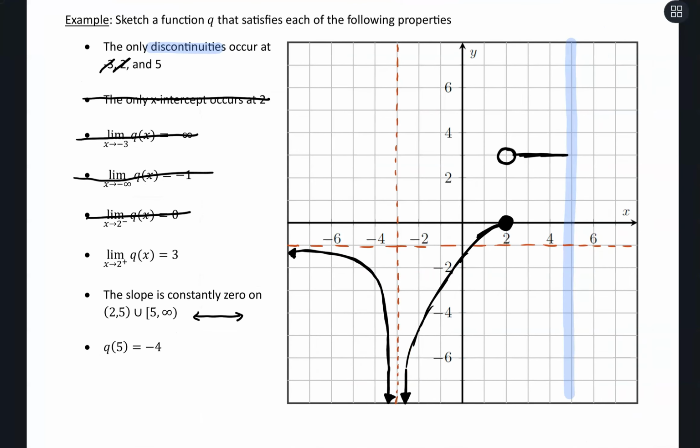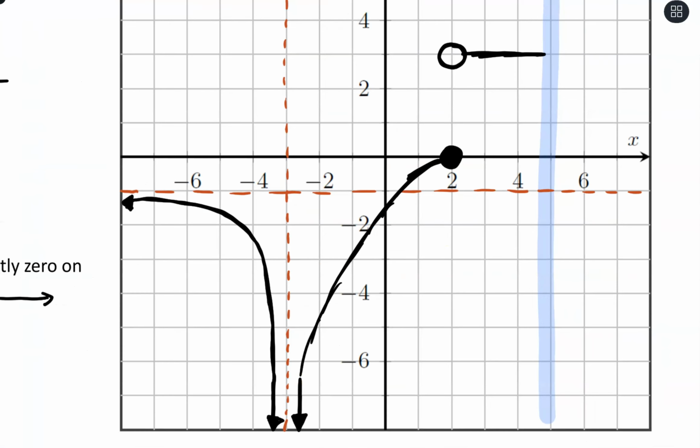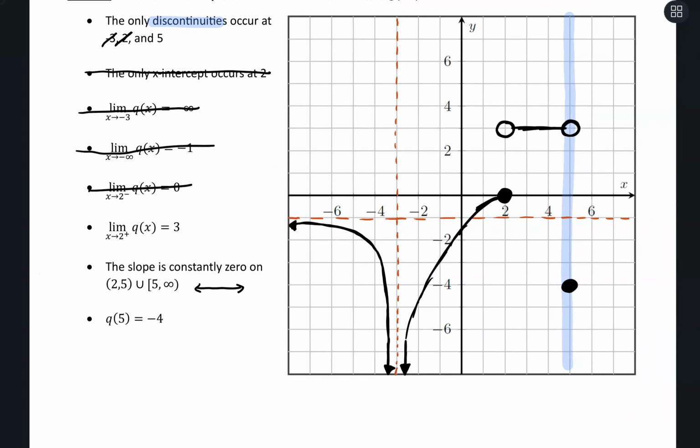I also know we have the coordinate (5, -4). So when we're at x equals positive 5, we're graphing -4. So actually, now we know we have a solid circle there, so we have to have an open circle up there. And 5 to infinity is a flat line. So we're doing this. And then we can see our jump discontinuity there.